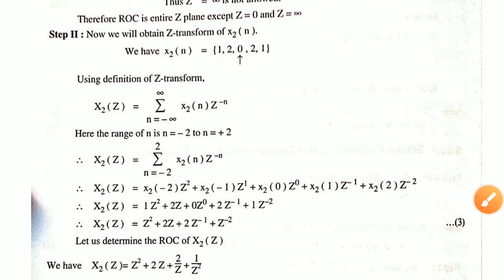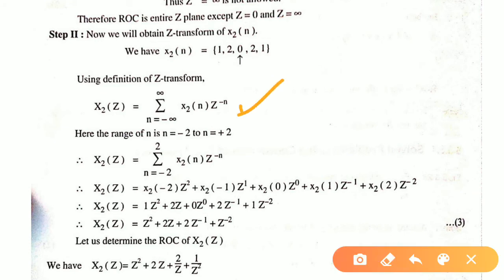Again we have the definition of the z transform, the basic formula of the z transform. We are finding the z transform of the sequence x2 of n, which is X2 of z. So the limits will be minus 2 to 2.